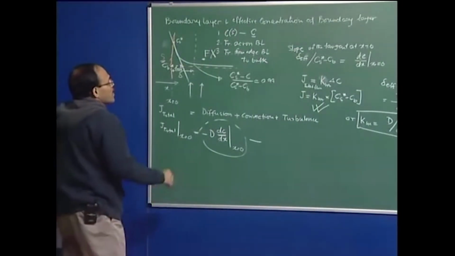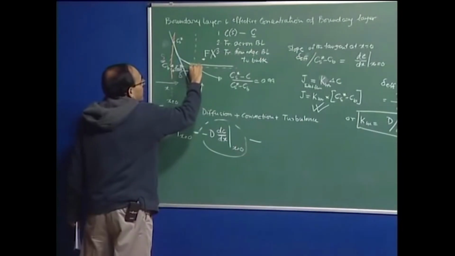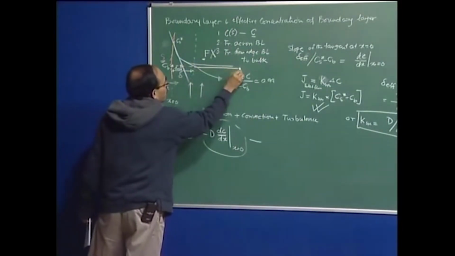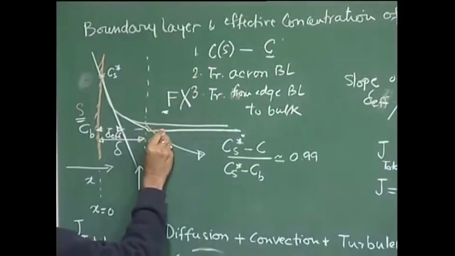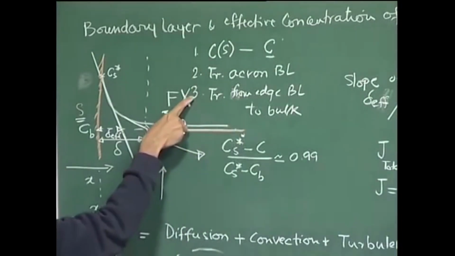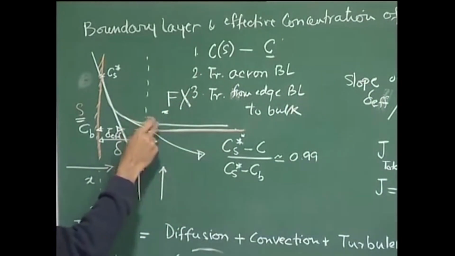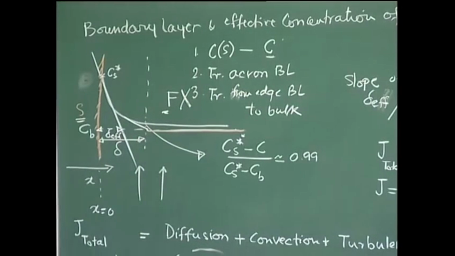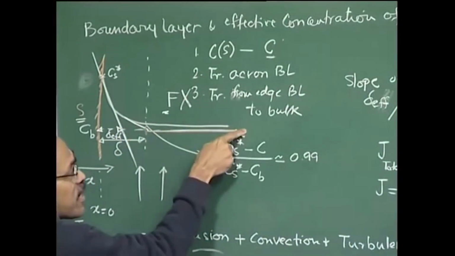So, we will say that the concentration really comes to here like this, and from here to the edge of the boundary layer. This is the simplified concentration profile, where kinetic step number 3 does not exist, so within the bulk there is no difference in concentration; the concentration remains horizontal. Whatever reaches here, the same species reaches here almost instantaneously.